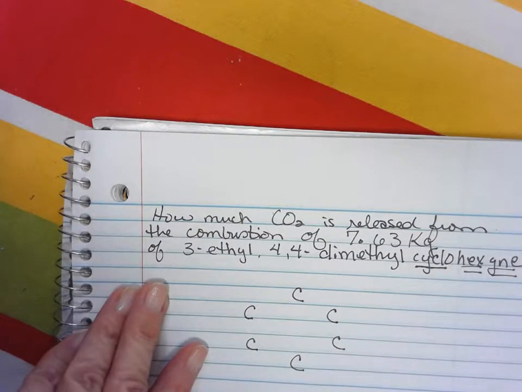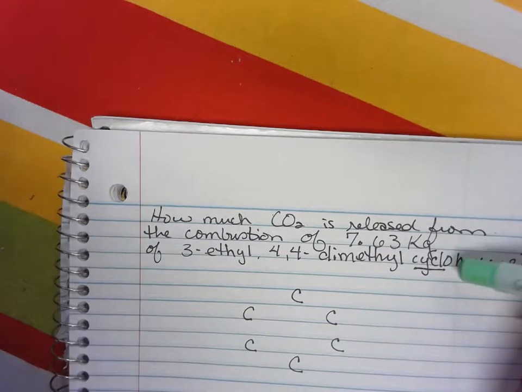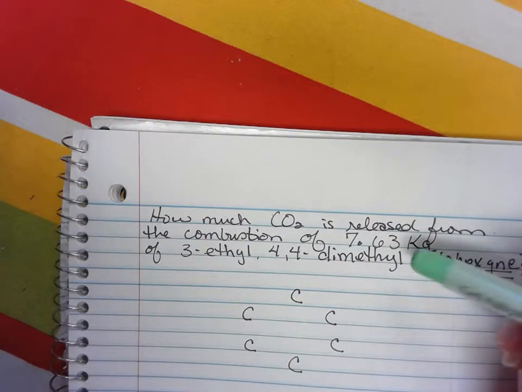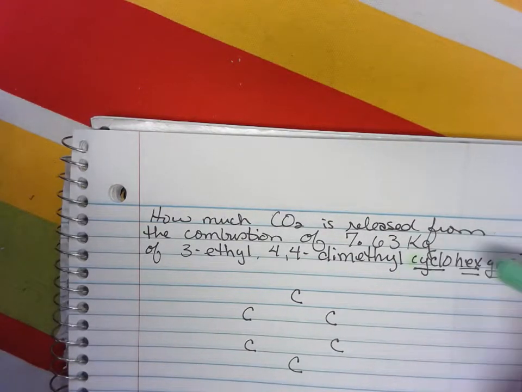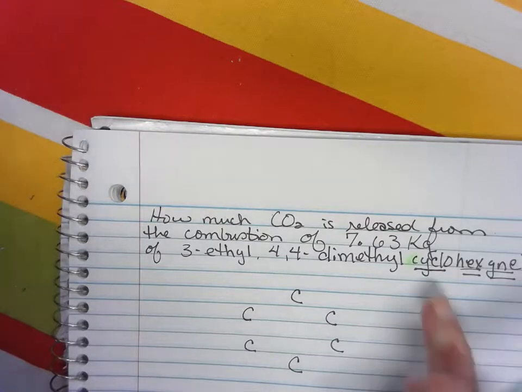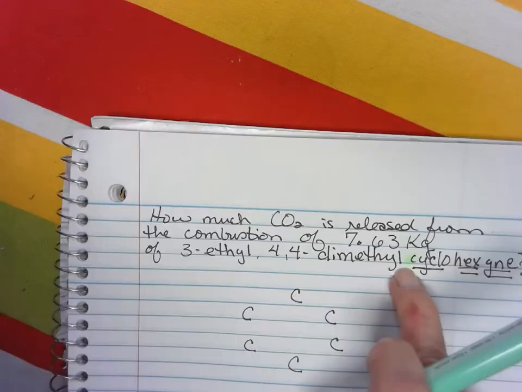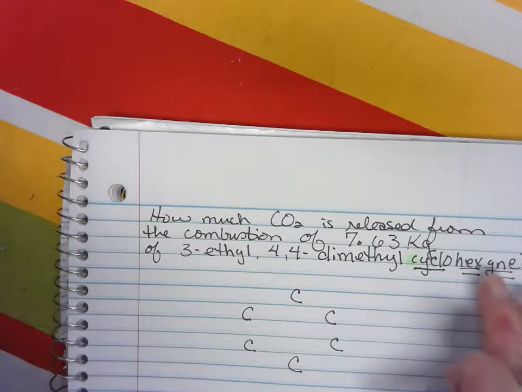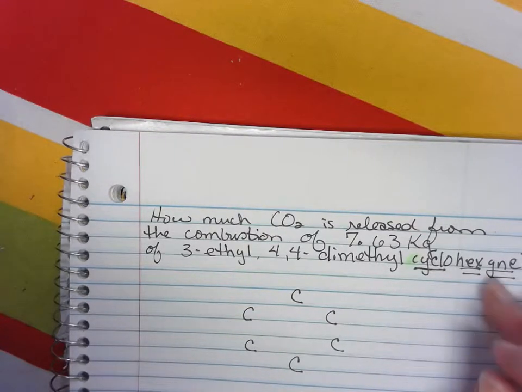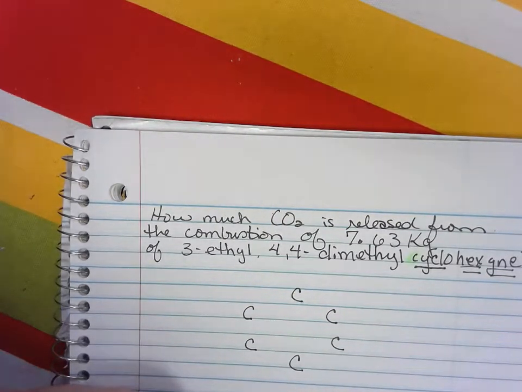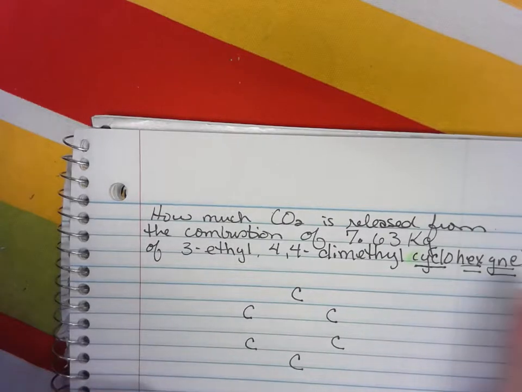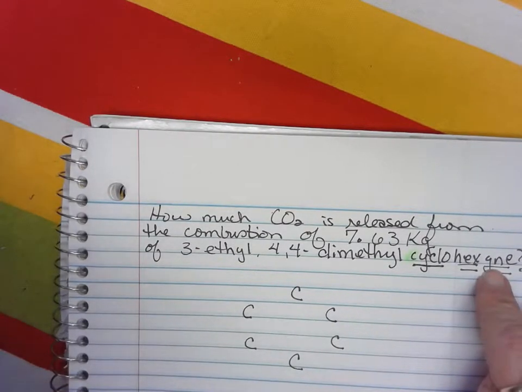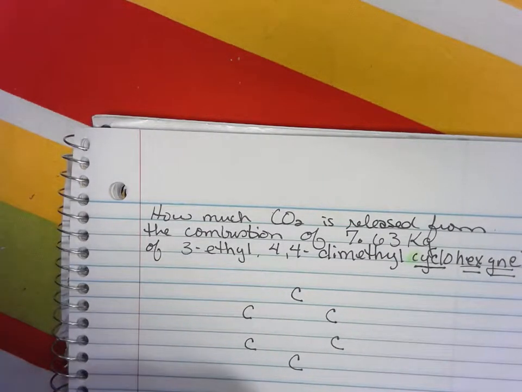Now we do not have a number in front of this saying like 1, 2, 4 diene or triene. So what that means is we have 1 triple bond, and that 1 is understood to be the first carbon.